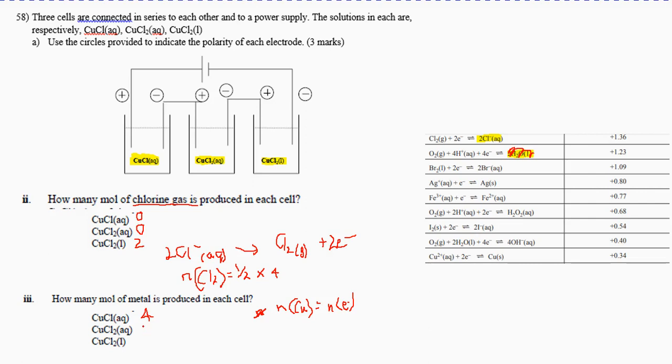So I'm going to have 2 moles of metal for copper 2 chloride, and it will be the same for the molten state. Okay, so with this question, you just had to really note the minor details. So you had to be looking at here, noticing that this was molten, and then noticing that that first cell was copper 1 chloride, whereas the other ones were copper 2 chloride.